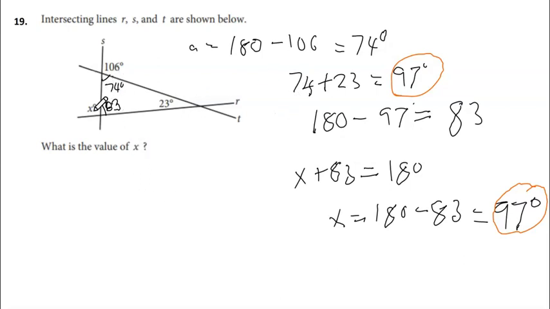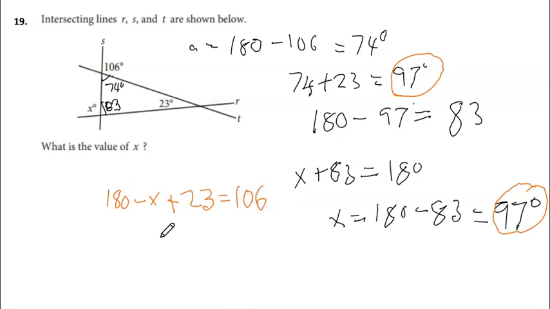One other way we could have done it, if we know how to apply this formula, I could have said that this angle, because I have a straight line, I would say 180 minus x, right? This angle, when I add it to 23, should give me what? 106.